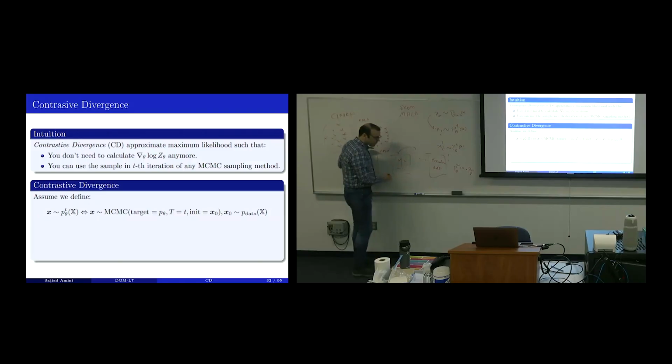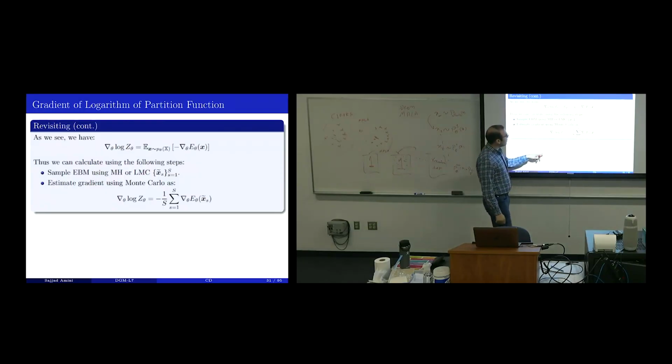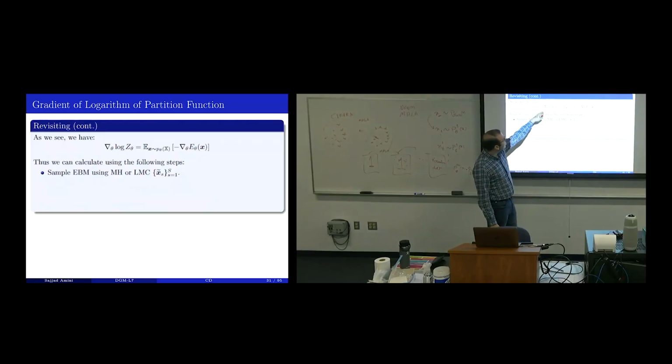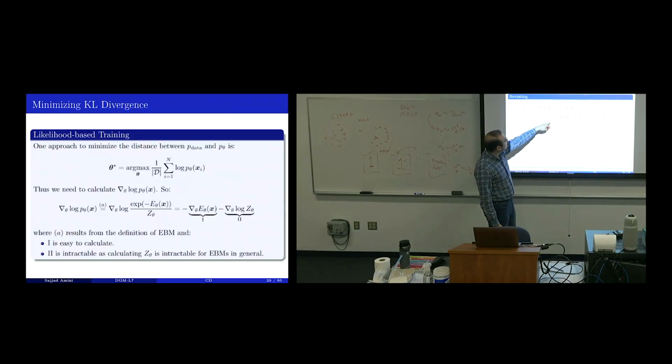But here, what was the problem that made me forget this approach? Because if I can calculate the gradient of the log of the normalizing partition function, then everything is solved, because I can easily update the model using this gradient.